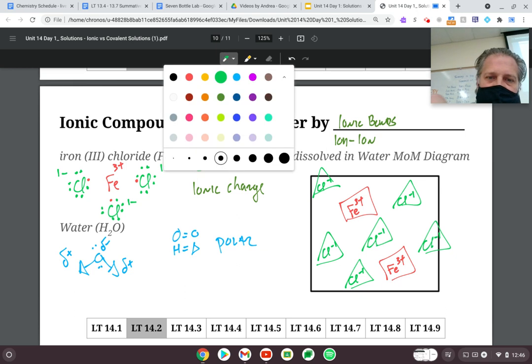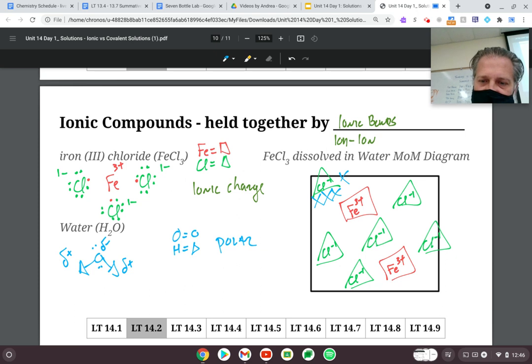And then we're going to show that the water, and I'm not going to draw all the individual waters, would do this.